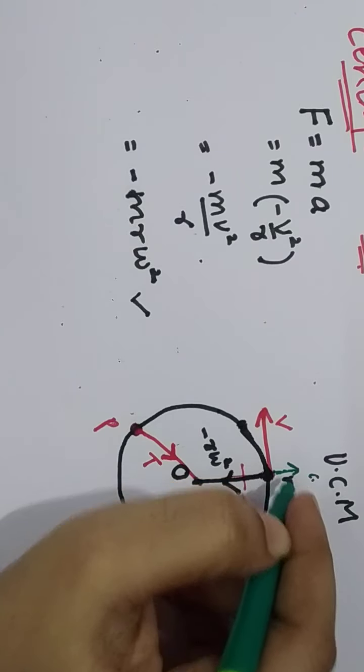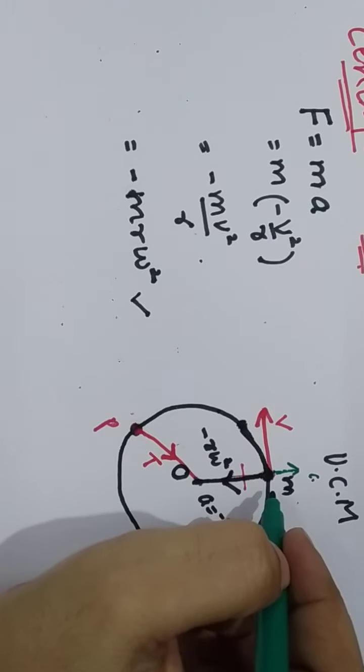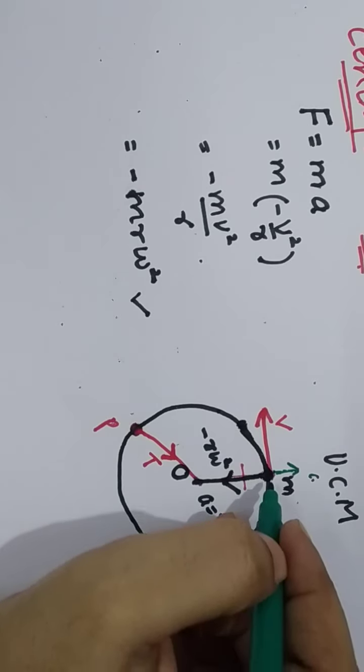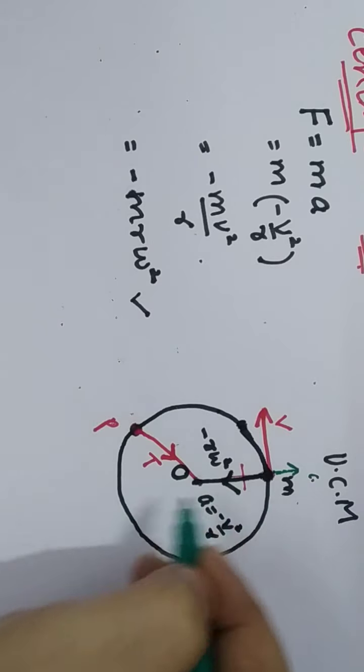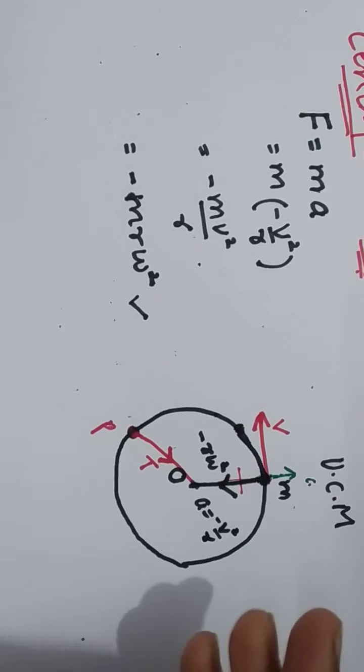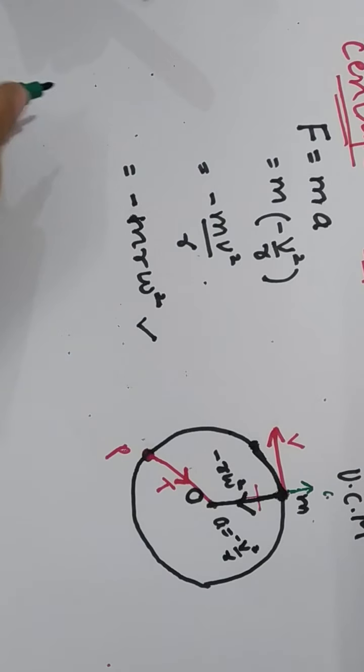So here we have to make one assumption, that there is one more force acting on the particle, which is directed along the radius but away from the center. The second force will be called centrifugal force.